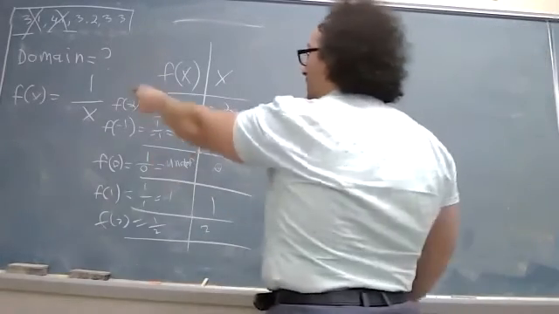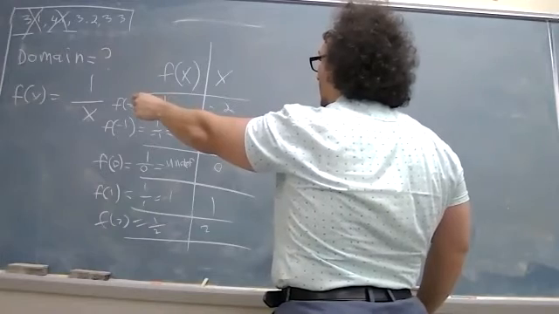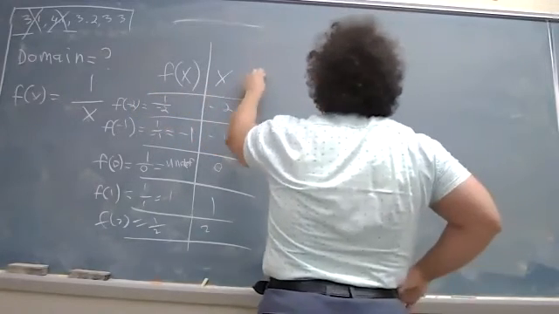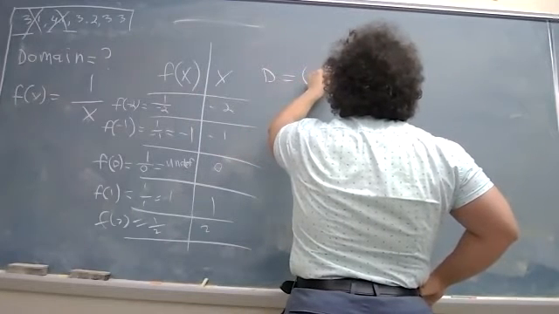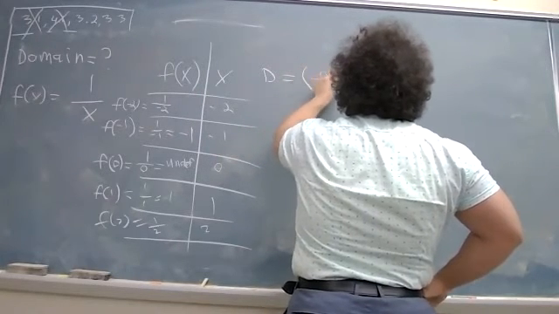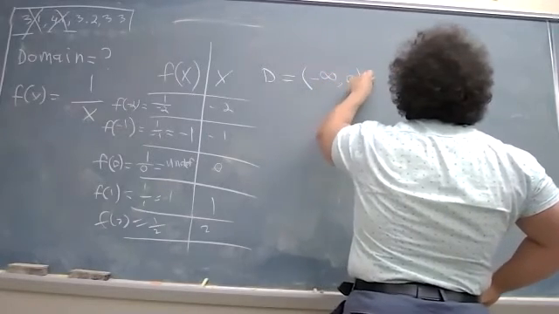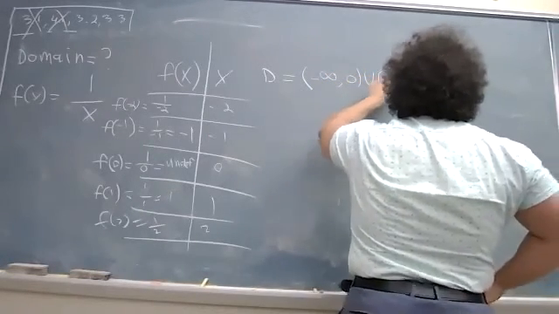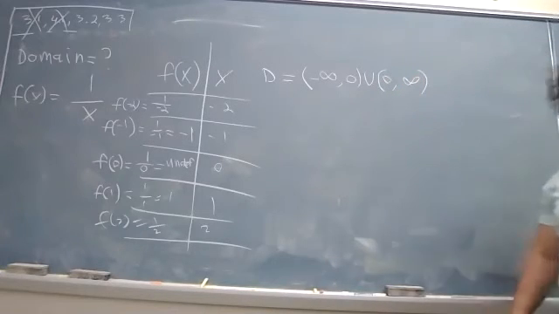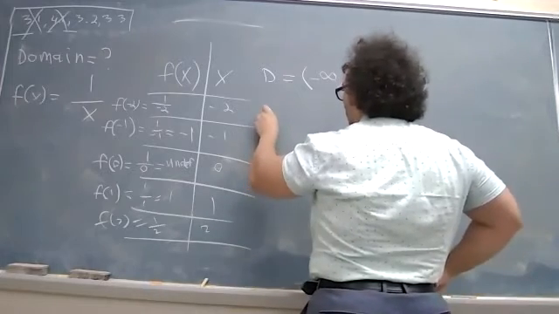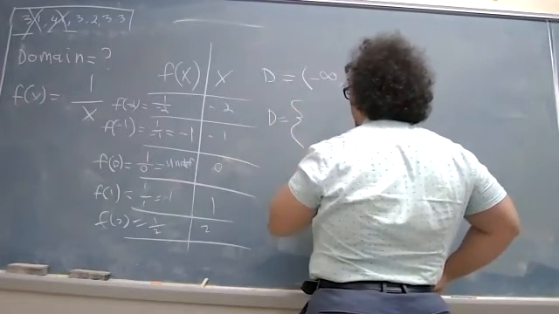So the domain, if it is the set of values that when you input into the function, it doesn't mess up, means the domain D is equal to everything to the left of 0, jumping over 0, all the way to everything to the right of 0. This is how you write it in interval notation. This is how you write the equivalent thing in set builder notation.